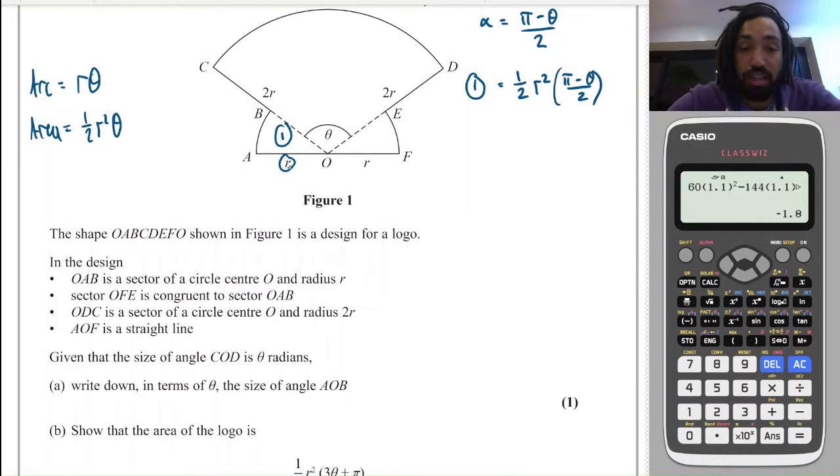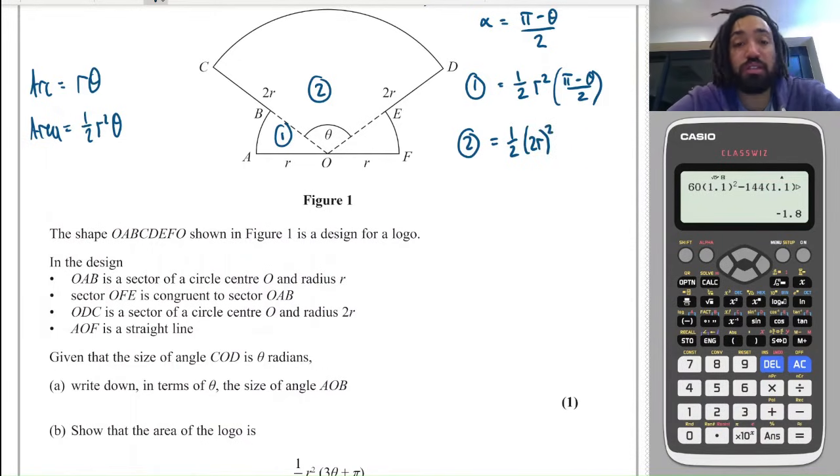And then let's look at this one, number 2. That one is again the same formula, but this time the radius is 2r, so you have to put that in brackets and then square it, which is important, and then multiply by the angle, which in this case is theta.